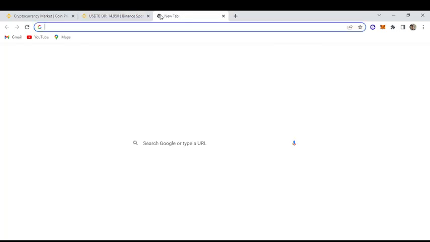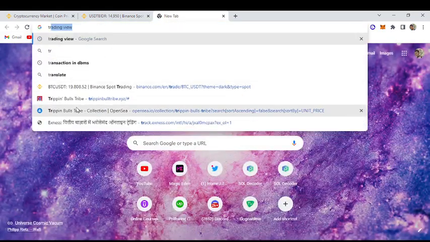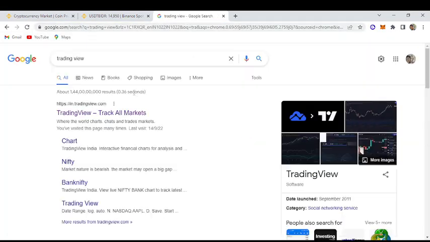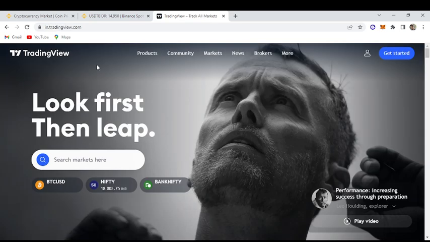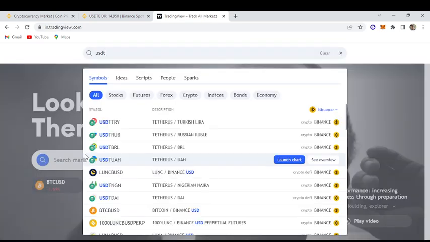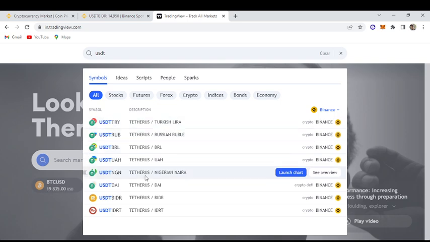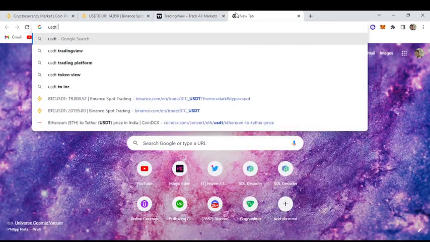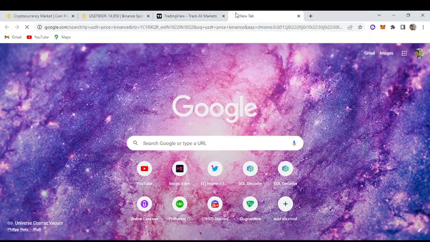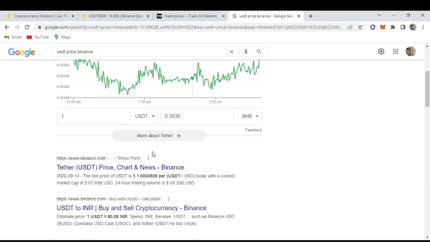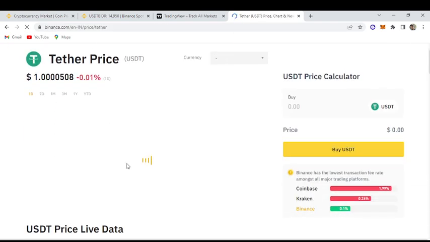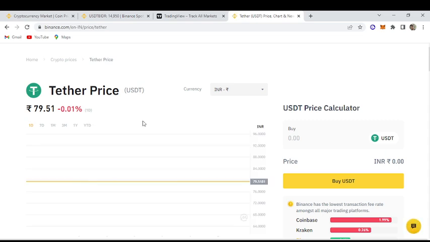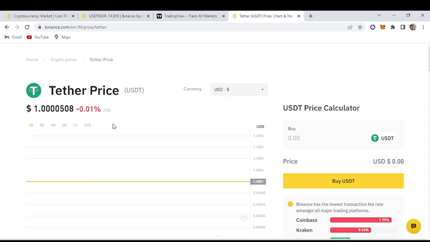If we go to TradingView, let me see what we have for USDT. Search for USDT price Binance. That will show you the Tether USDT price is $1, of course. So basically, that's a stable coin which works as a dollar.